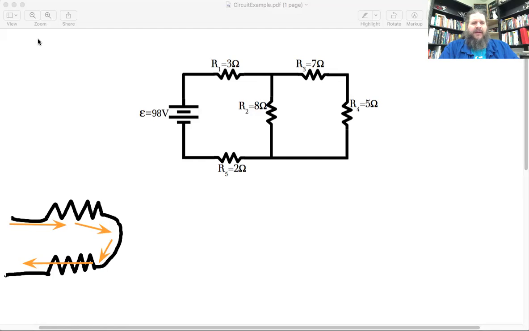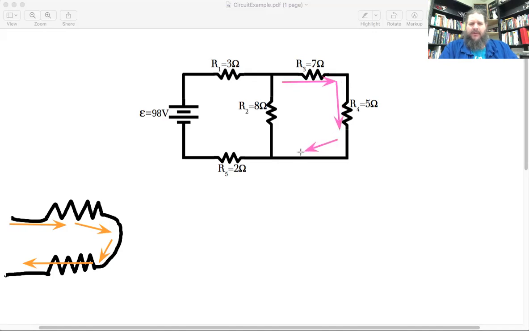And can you identify any resistors that are in series here? Yeah, R3 and R4 are in series with each other because they're along the same path. If you take a look at resistor 3, let's say you've got current flowing through resistor 3, the only place for that current to go is continuing through resistor 4.